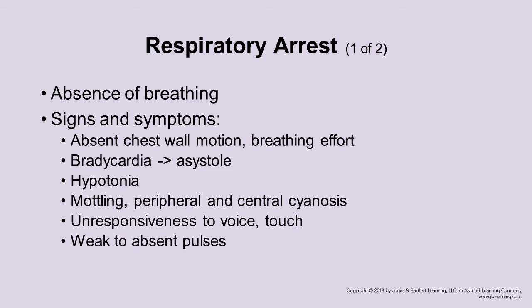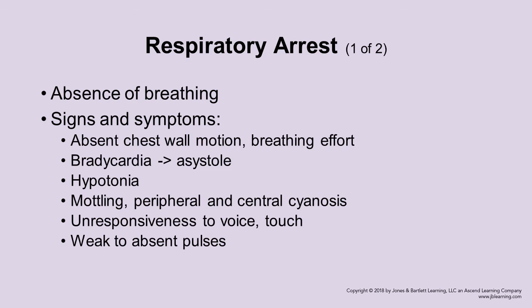Now, the signs of respiratory arrest, which is the most severe part of the spectrum of respiratory compromise, are essentially absence of breathing. These patients will have absent chest wall motion and absence of breathing effort. Their tachycardia has at this point progressed to bradycardia, which can progress to asystole, or the absence of a heart rate.